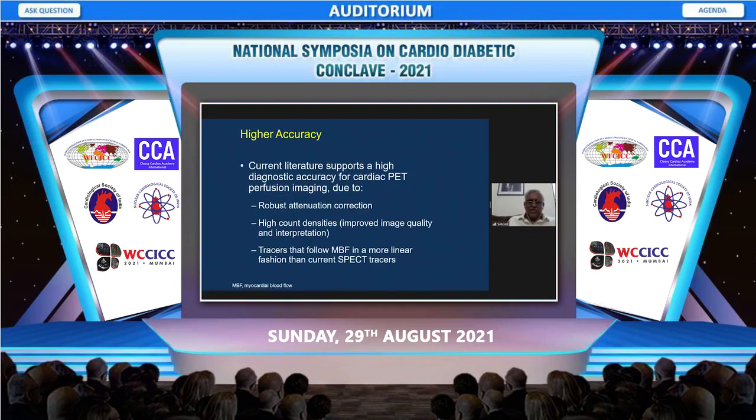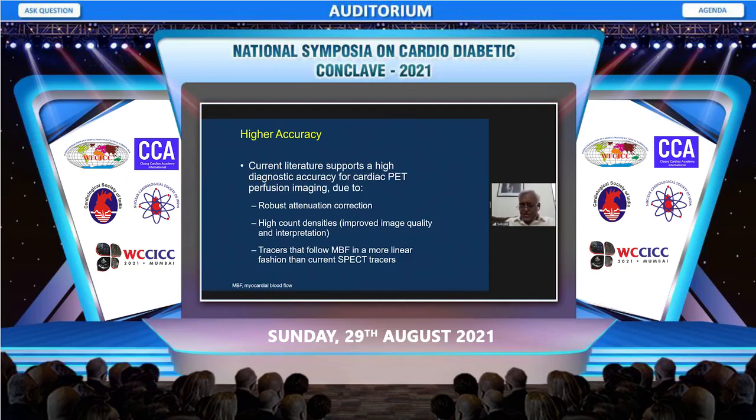So the tracers follow the myocardial blood flow in a more linear fashion than the current SPECT tracers. That is important. The PET tracers have a more linear relation with the change in the blood flow, the hyperemia and all. So you are quantifying, you need to have the better technique.